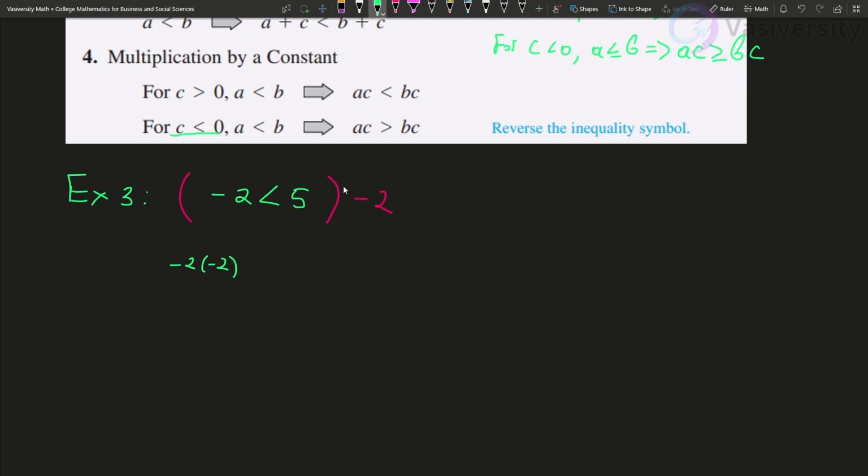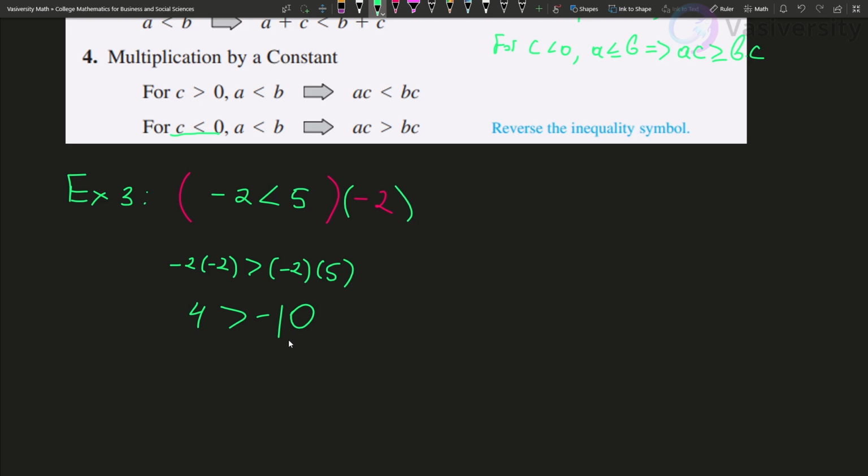Now we have to flip the sign because the overall number here is negative. So we're going to have greater than -2 times 5. And now we can simplify. So -2 times -2, that's 4, is greater than -2 times 5, that's -10, right? So 4 is indeed greater than -10, and we can check it on the number line.